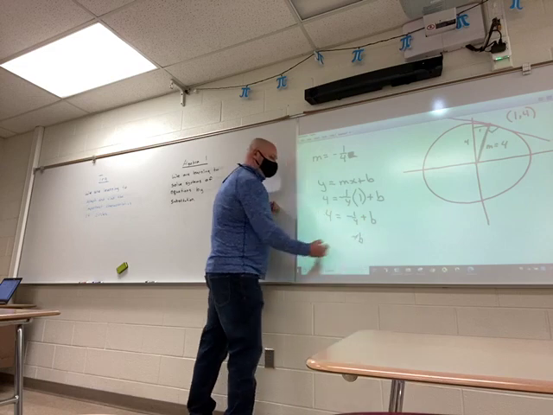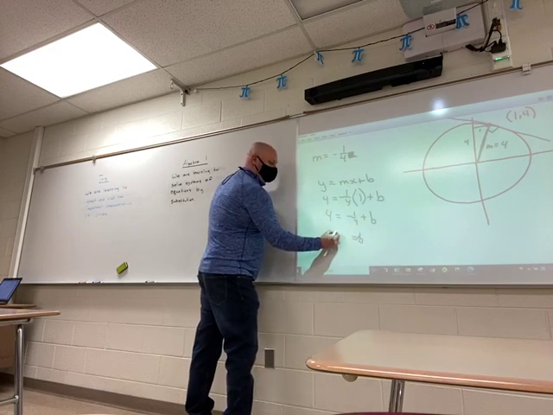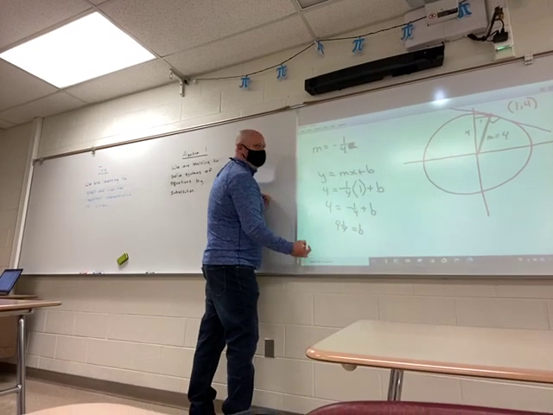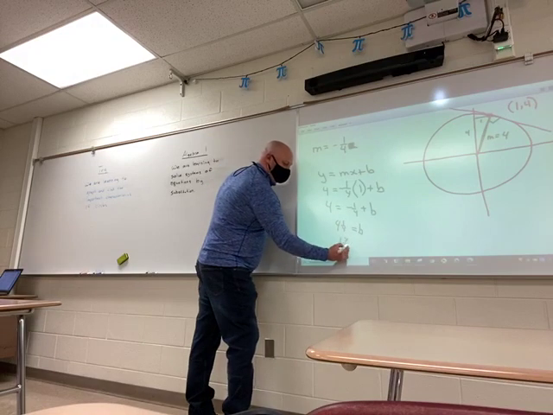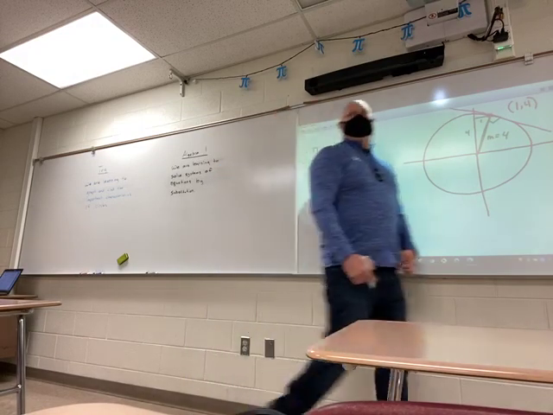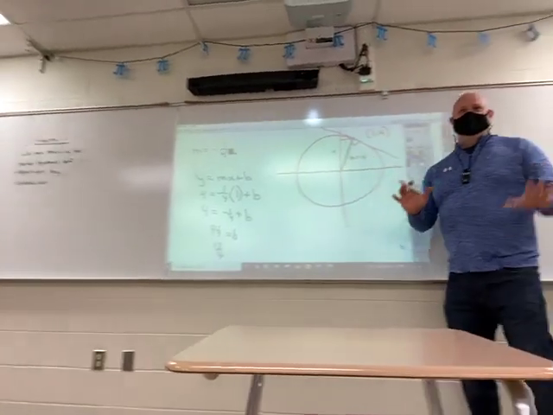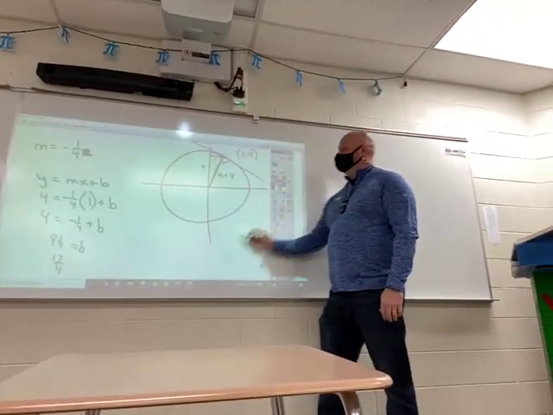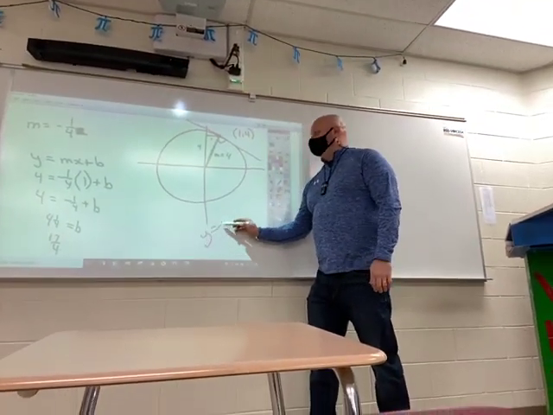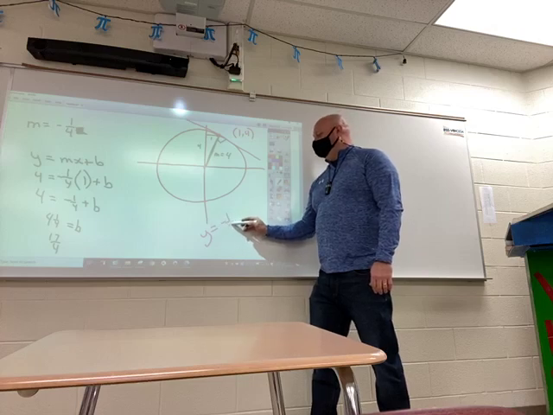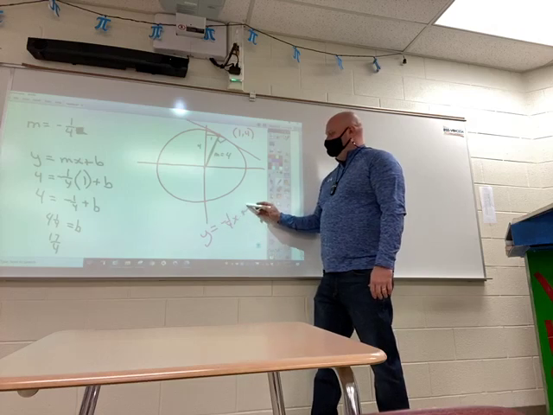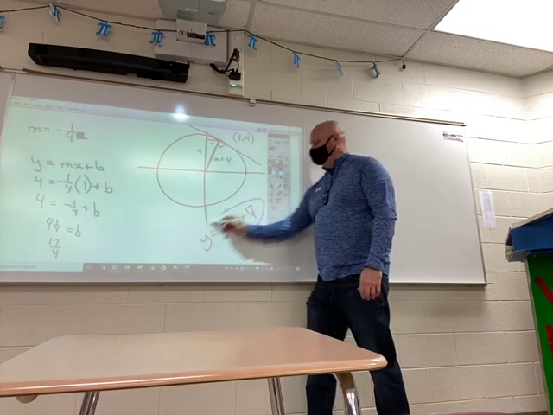Add that to the other side, which would be the same thing as 4 and 1/4 when you add that over there, or 17/4. So far, so good? So what's my answer? My answer is y equals negative 1/4 x plus 17/4.